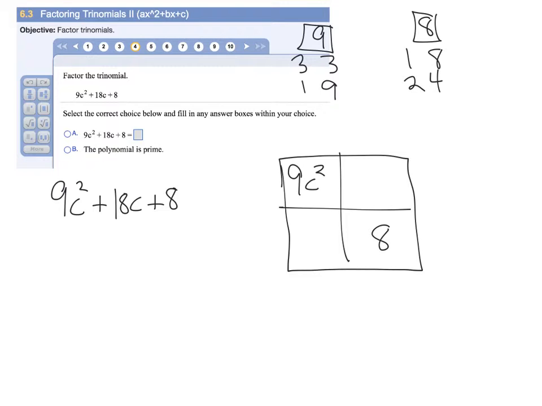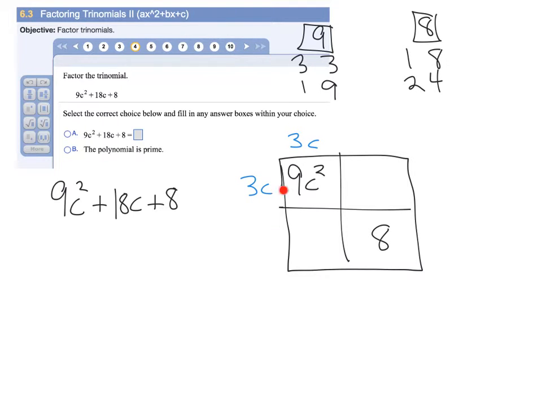And the guessing begins with, do we want to start with 3 times 3, or do we want to start with 1 times 9? Now, to be honest, I generally start with the numbers that are closest to each other. So I'm going to start with 3c times 3c.